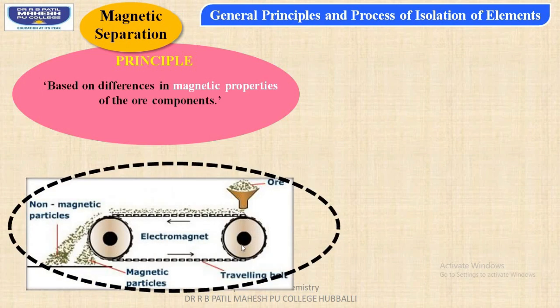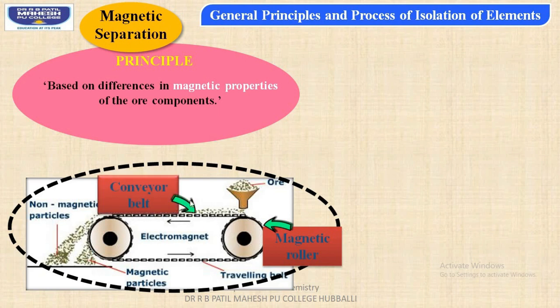This diagram represents magnetic separation, in which magnetic rollers are present, and both the rollers are interconnected by a conveyor belt. At one end of the first roller, finely powdered magnetic ore is added, whereas at the second end, students, you can observe the separation of non-magnetic particles and magnetic particles.